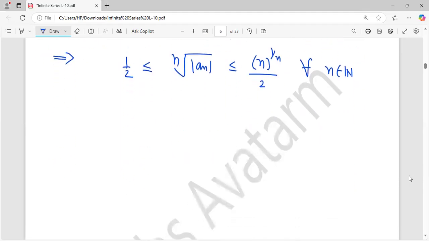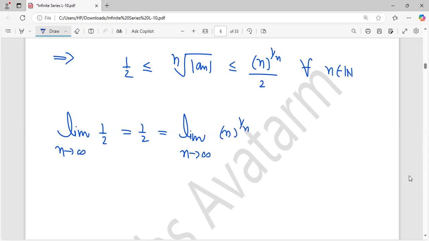Now, what is the limit? Limit n tending to infinity of 1 by 2 is 1 by 2, because this is a constant sequence. That is also the limit as n tending to infinity, because this limit is 1 by 2, both the limits. Now we can apply the sandwich theorem.